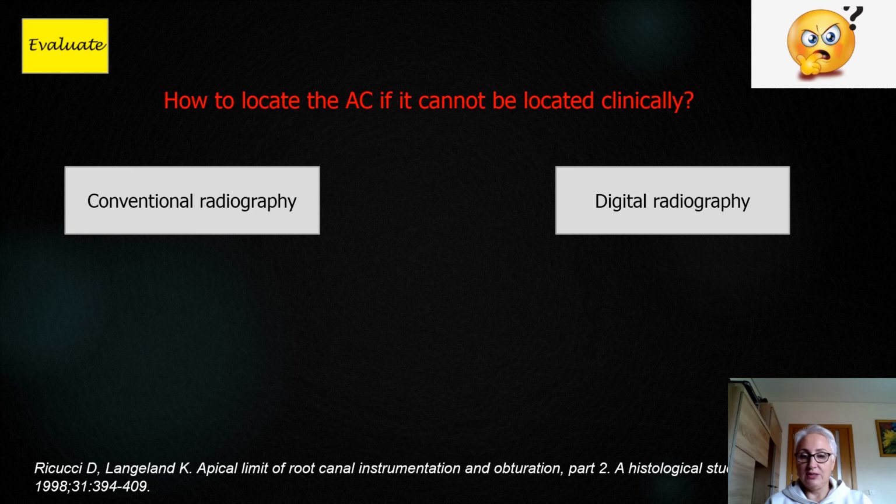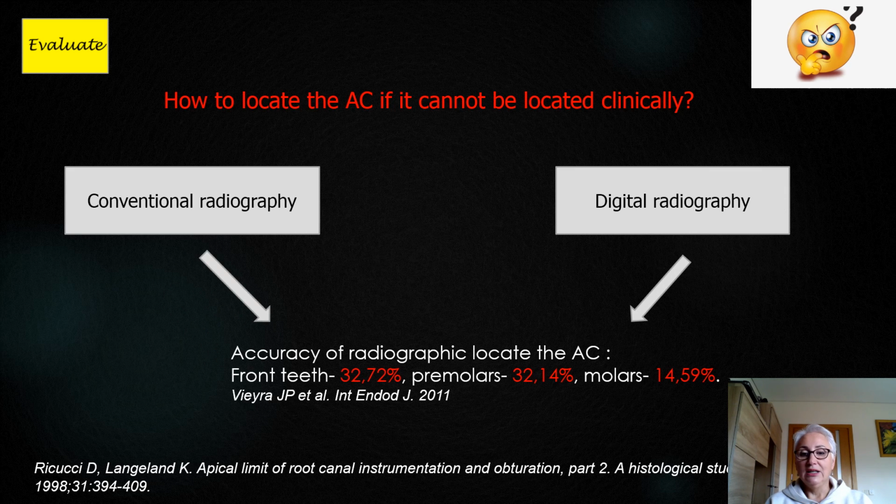The third one is radiographic. These are two kinds: conventional radiography and digital radiography, and still some dentists are using conventional radiography. It doesn't matter which kind of radiography you are using, conventional or digital.